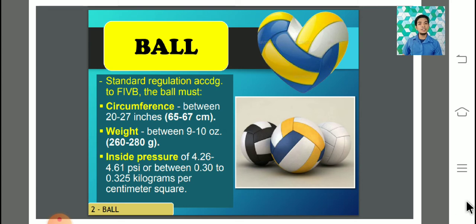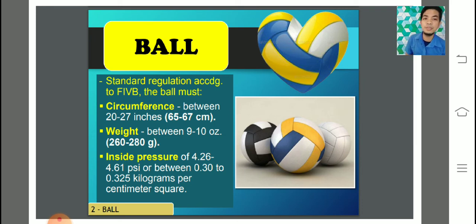Okay? Next, standard regulation according to the FIVB, Federation of International Volleyball. The ball's circumference, so ibig sabihin yung bilog ng bola, must be between 20 inches to 27 inches. Okay? Equivalent of 65 to 67 centimeter. How about yung bigat naman? The weight of the ball, volleyball, between 9 to 10 OZ or ounce, and then 260 to 280 grams.